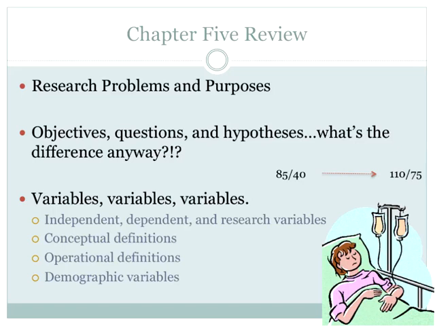Now, let's talk variables. Variables, variables, variables. Phew! Variables sometimes can be confusing, especially if it's been a while since you've studied this sort of thing. So let's dive in together and unpack this idea of a variable. So variables are qualities or properties or characteristics of, let's make it easy, people.